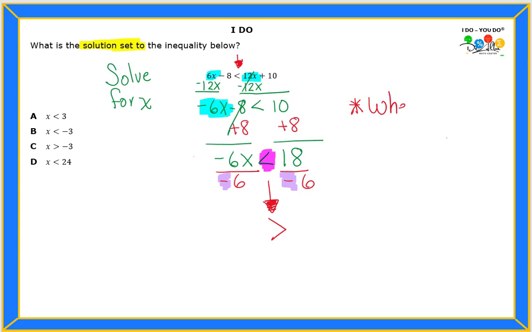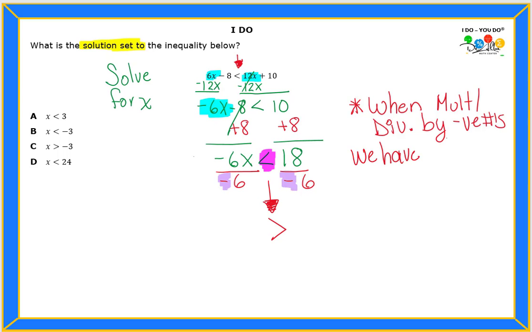So when multiplying or dividing, that's what I said earlier. Remember when I first started? When multiplying or dividing by negative numbers, and of course I am abbreviating a lot, right? Okay, so when multiplying or dividing by negative numbers, we have to switch the sign.